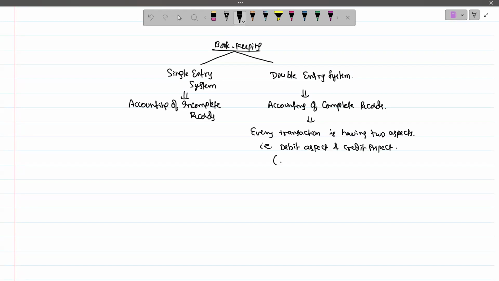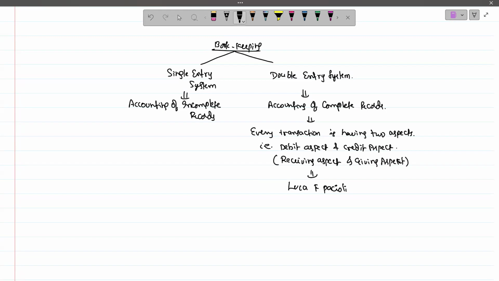Those are also considered as the receiving aspect and the giving aspect. Based on this rule only, the double entry system was framed, and it was founded by Luca Pacioli, whom we consider the father of accounts.